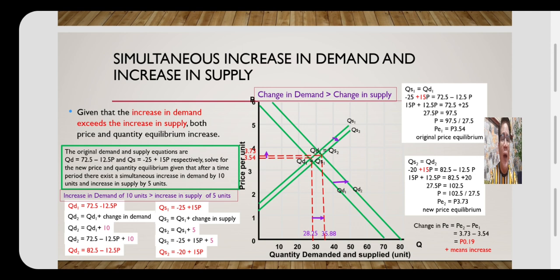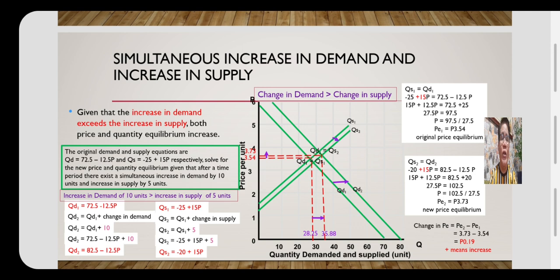Now, after recognizing the original demand and supply equations and the increases in demand and supply, we can now be able to derive the new demand and supply equations. Let us first deal with the new demand equation. So, the new demand equation can be derived by adding the change in demand to the original demand equation.